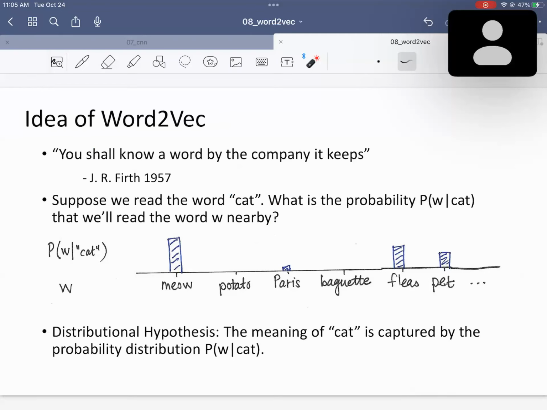Potato and cat have no clear correlation. There's no reason that potato and cat would occur in the same sentence or paragraph. Maybe fleas or pet have a higher chance, but Paris and baguette, probably not. So it's all about the conditional probability, or the co-occurrence probability.